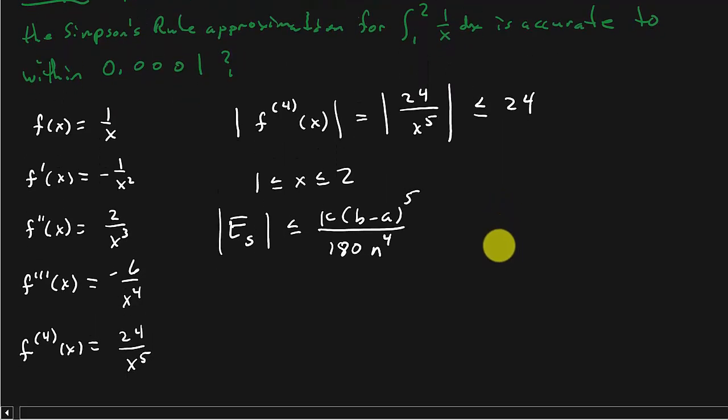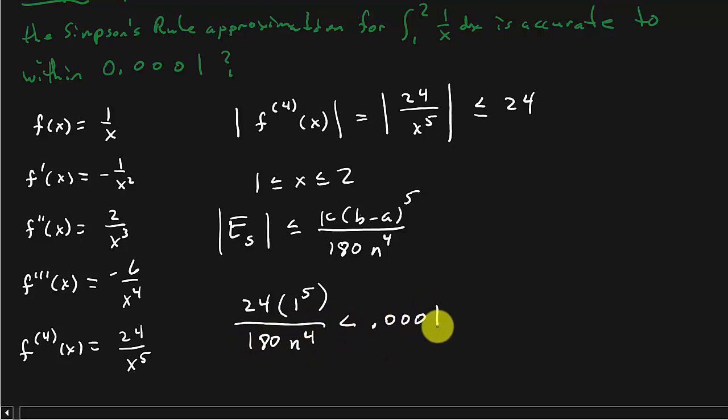So what do we want? We want 24 times (2 minus 1) to the fifth, which is 1, over 180 n to the fourth to be less than 0.0001.